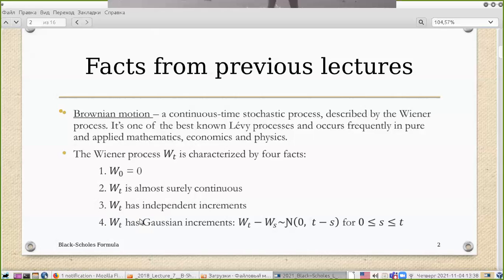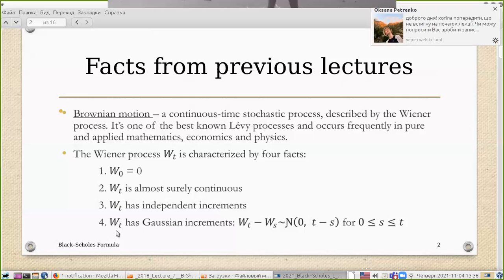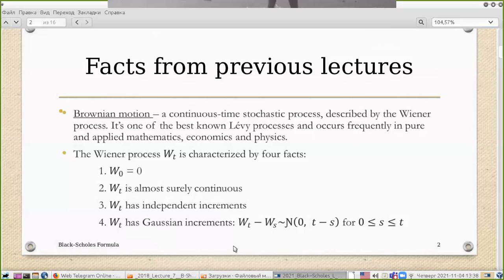Property number three is that the process has independent increments. Do you understand what increments are? Increments are the differences between two values of this process. So this process has independent increments, and more than this, the increments have a Gaussian distribution.